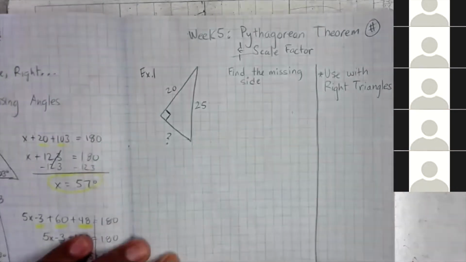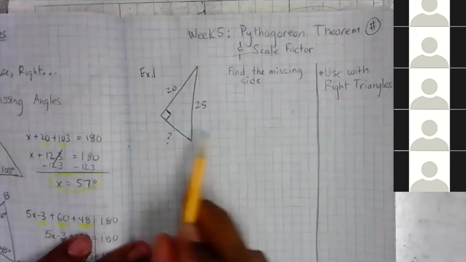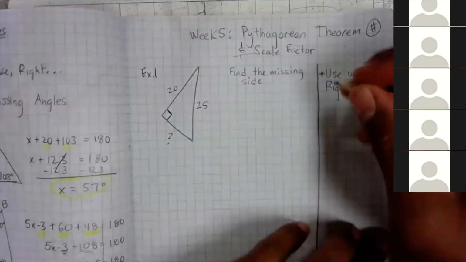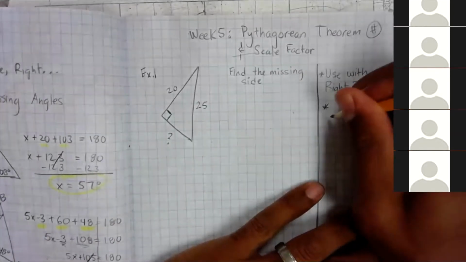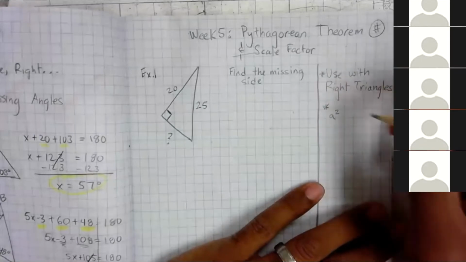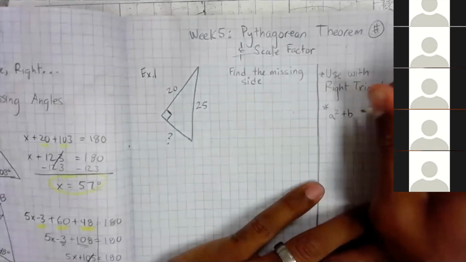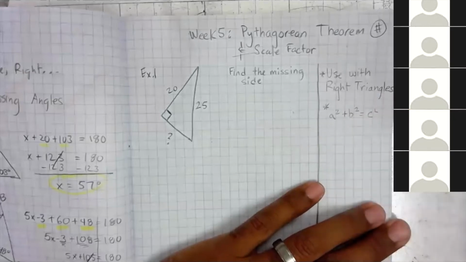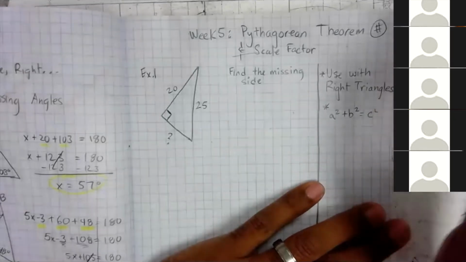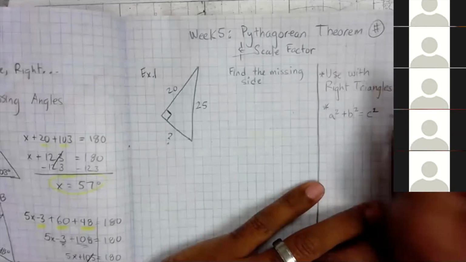So we can't just use this on any triangle, but as long as there's that right angle right there, we can use this. Okay, and the formula, you guys might remember this, is a squared plus b squared equals c squared. So that's a formula we use to find missing sides.